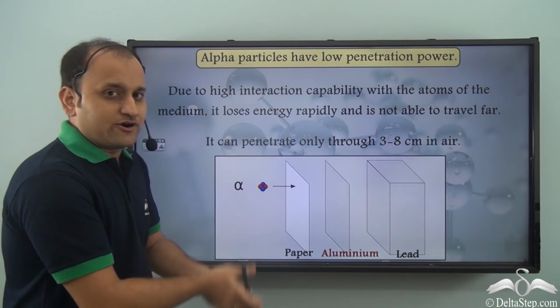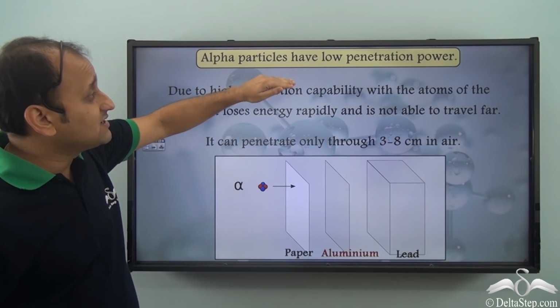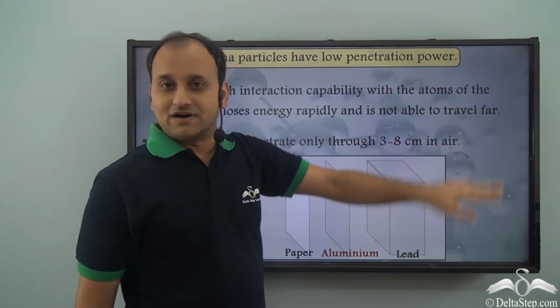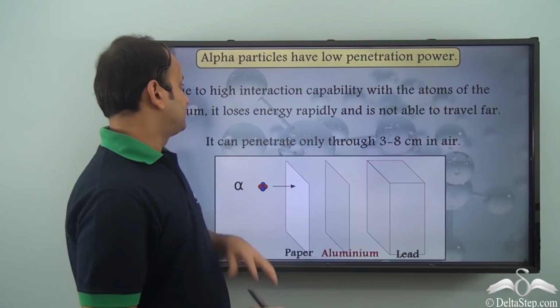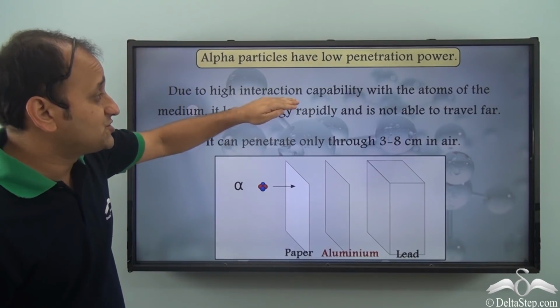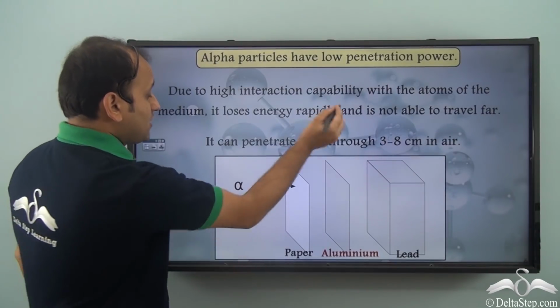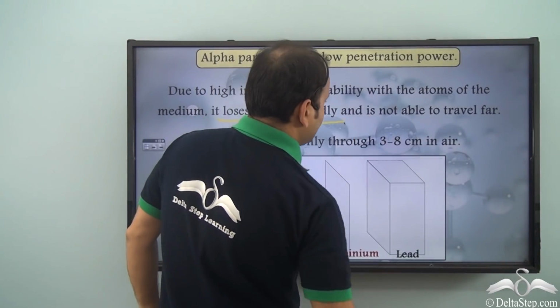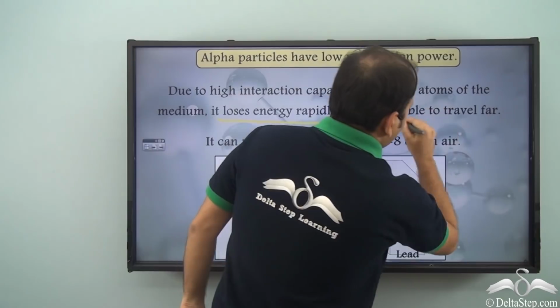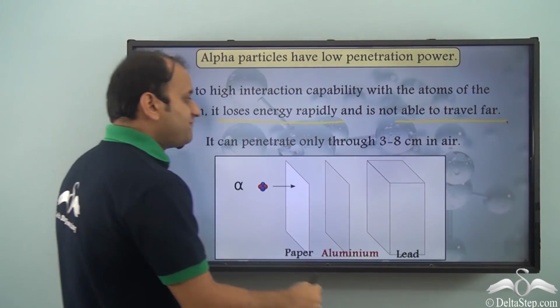Now another important property is that alpha particles have low penetration power. So why does that happen? Well, due to high interaction capability with the atoms of the medium, it loses energy rapidly and is not able to travel far.